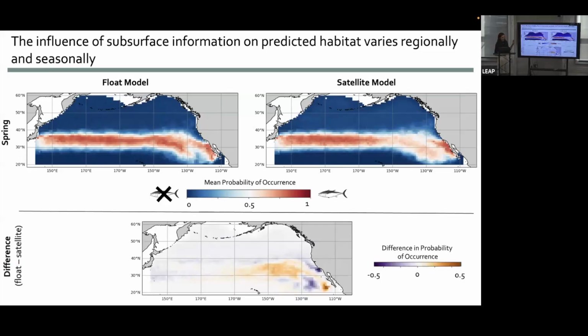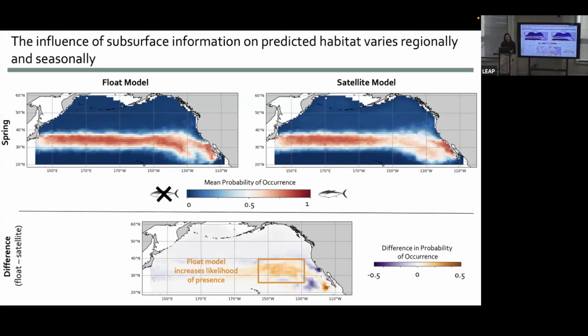Here we're looking at the difference in predictions, and the orange colors indicate that the float model predicted a higher probability of fish occurrence or presence in that region. We see in the spring, the float model predicts higher probability of fish presences in this northeastern subtropical Pacific region compared to the satellite model, which is kind of interesting.